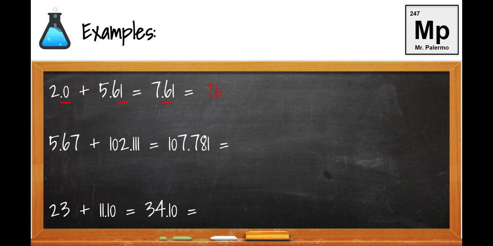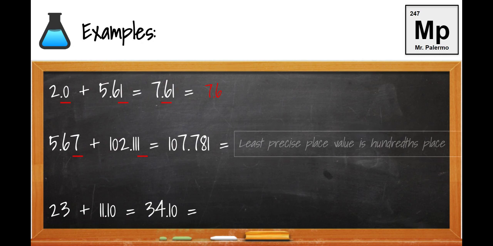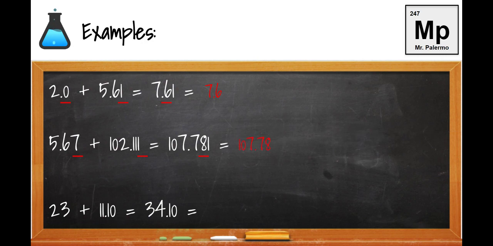When I calculate 5.67 plus 102.111, again, the least precise place value is the hundredths place, so I need to round to the hundredths place. My answer in that case is going to be 107.78.